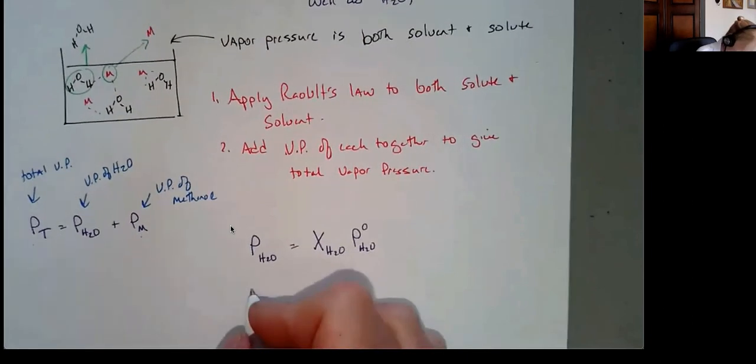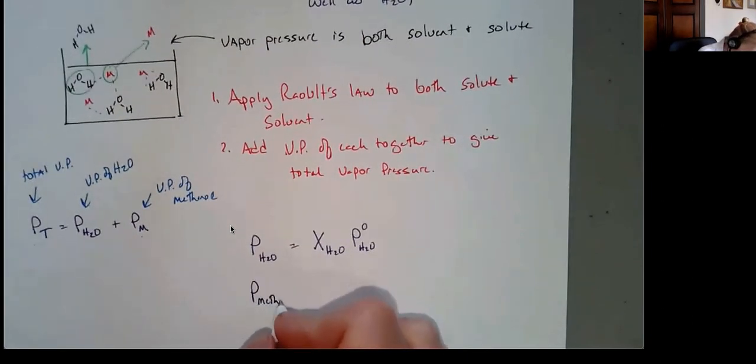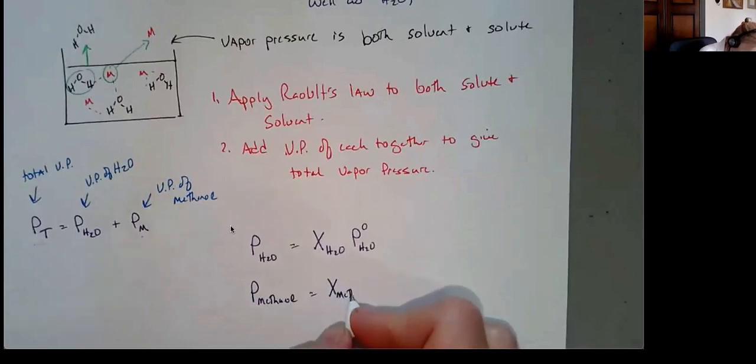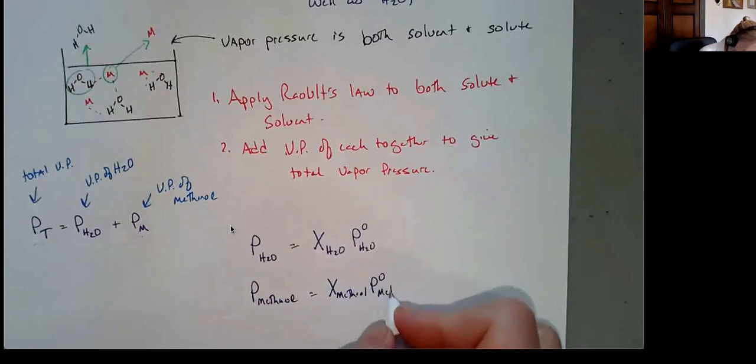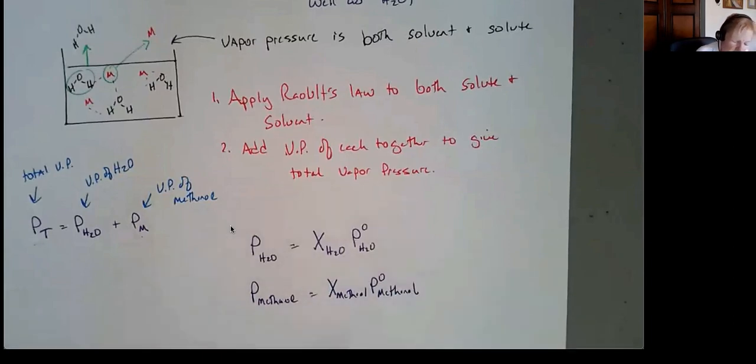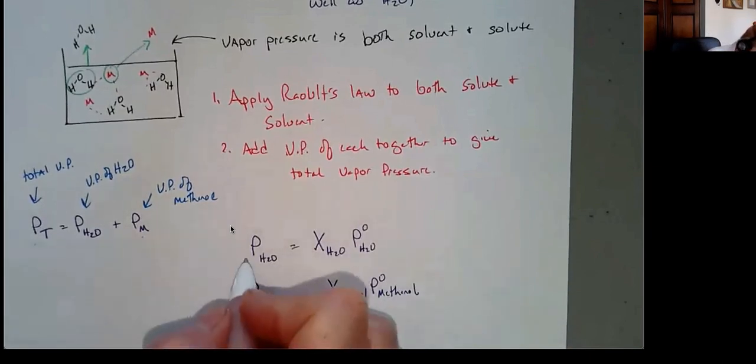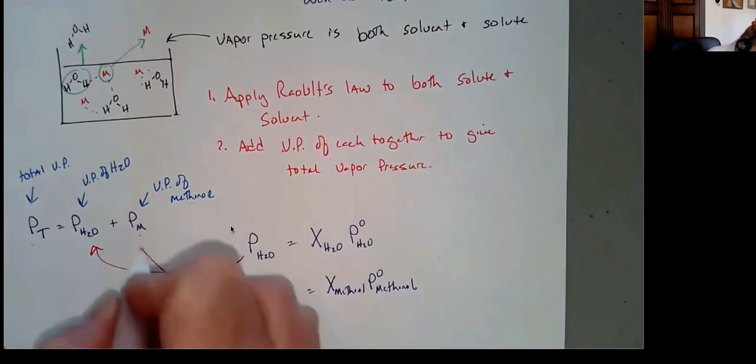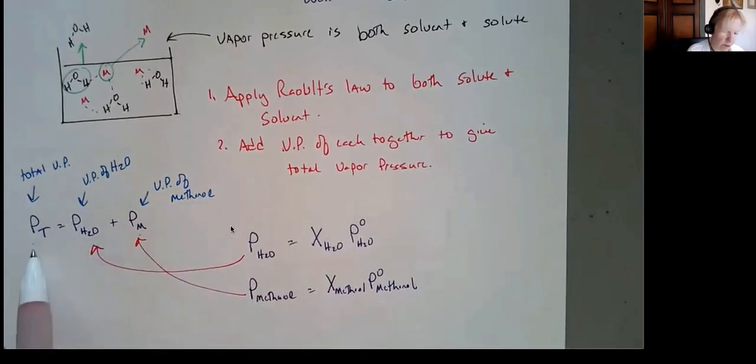And then I'm also going to do the same thing for methanol by looking at the mole fraction of methanol and the pure vapor pressure of methanol, because this is volatile, so I'm going to be able to find this value in a table. So any volatile liquid is going to have a vapor pressure value. And so I'm going to calculate both of these independently, then I'm going to put them into this equation and get my overall vapor pressure.